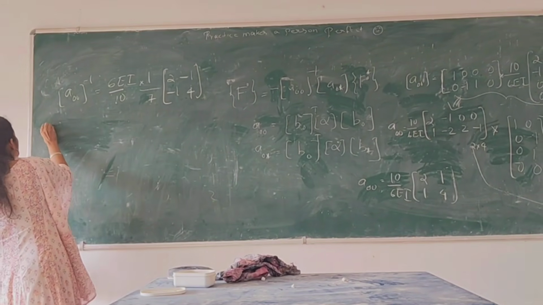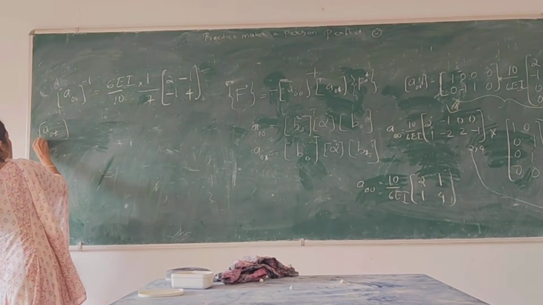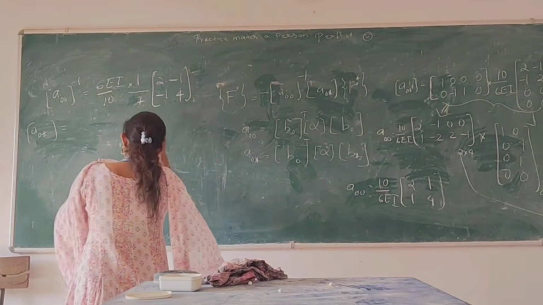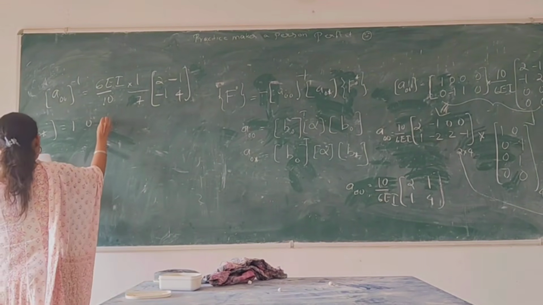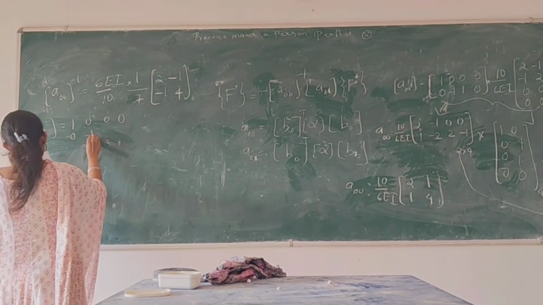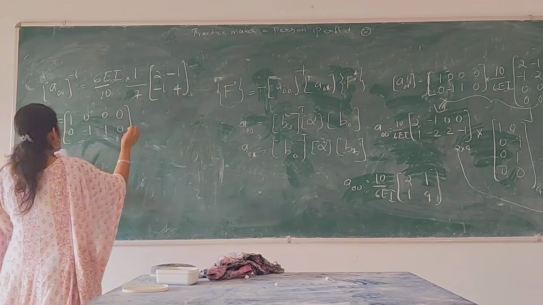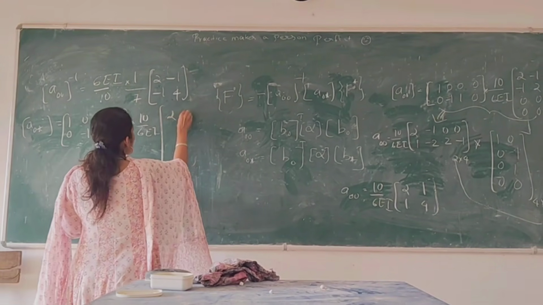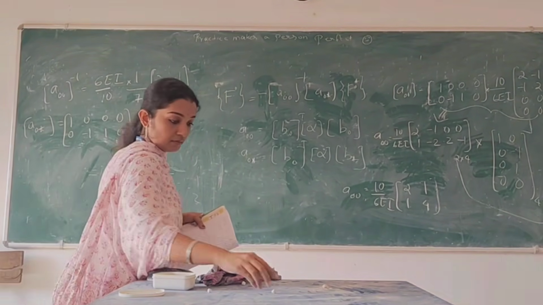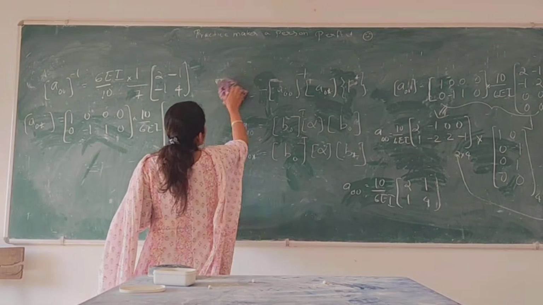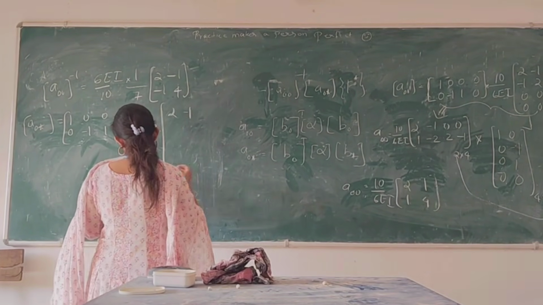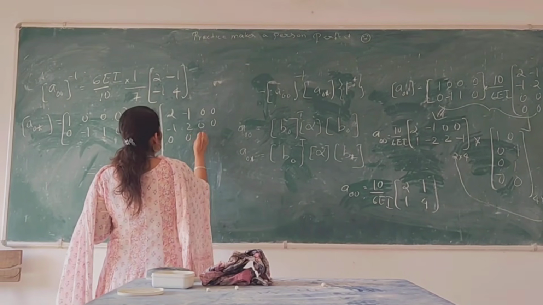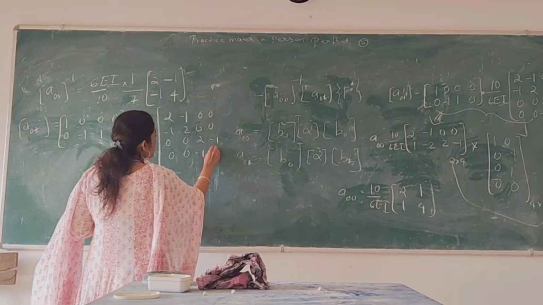Okay? Now you have to find out the A naught star, right? A naught star was given by the formula B naught transpose alpha into B star. So B naught transpose is again 1 0 0 0 0 minus 1 1 0 into alpha, which is going to be 10 by 6ci into 2 minus 1, 0 0 minus 1 2 0 0 0 0 2 minus 1 0 0 minus 1 2.